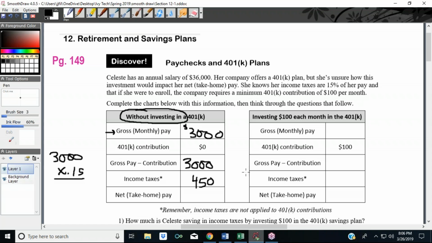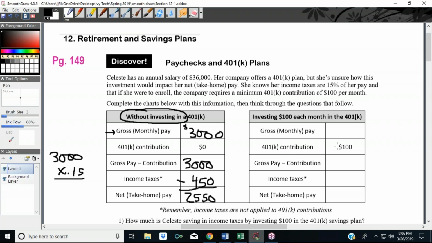And so the take-home pay is just a subtraction piece now, 3,000 minus the 450. And what we're going to do is we're going to compare this take-home pay of $2,550 with what happens when Celeste actually gives a contribution to her 401k plan.